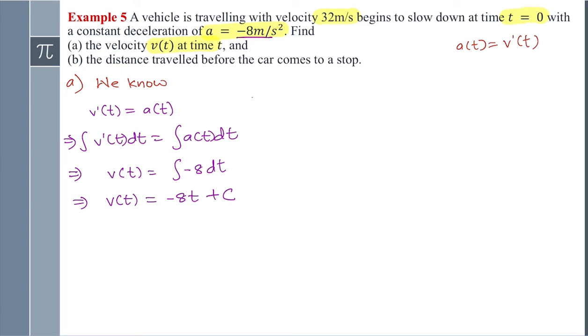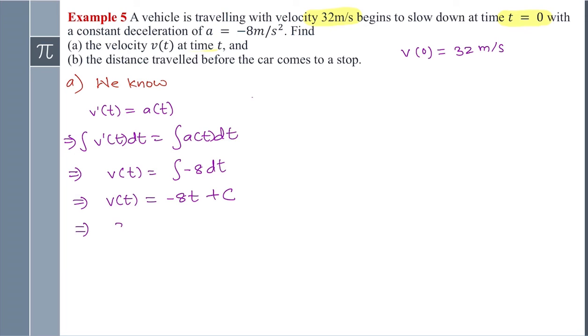Now this is kind of like an initial value problem. If we look over here, at time t equals 0, the velocity is 32 meters per second, which means we have v of 0 equals 32. Okay, so that's what we are going to use here.